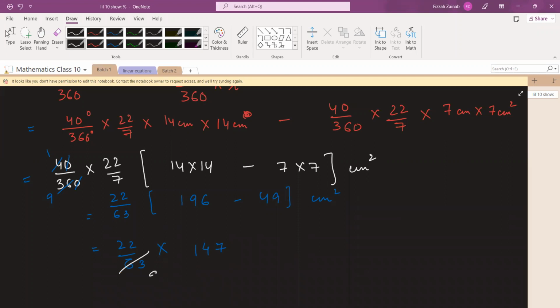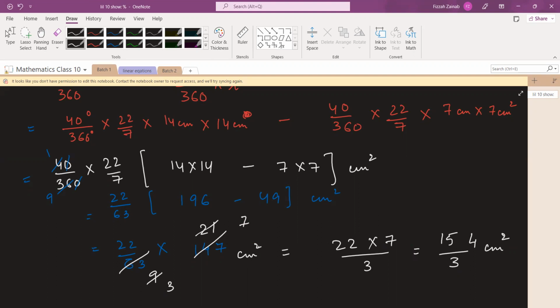So 7 into 9 and then 7 into 21, correct? Again 3 into 3 and 3 into 7. So now I got 22 multiplied by 7 and divided by 3, right? So this is 154 divided by 3 centimeter square is the area of the shaded region.